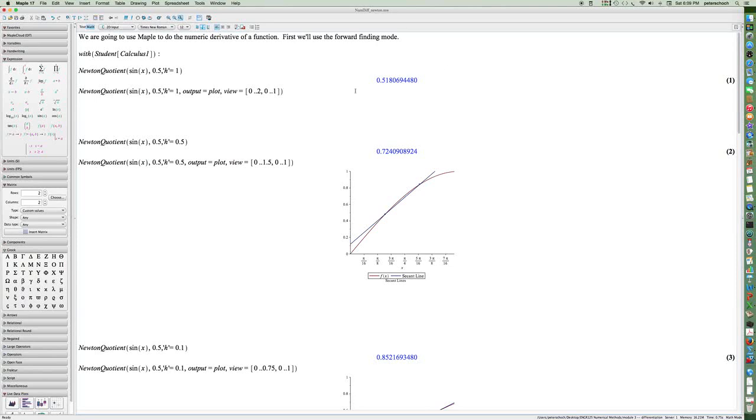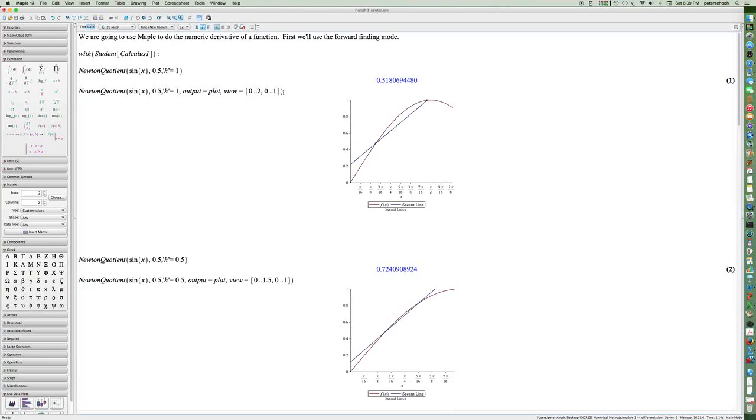Notice that it's 0.5, right? So that's quite bad. And of course, I don't know why it didn't actually give me that graph. There we go. This is the point that I'm trying to evaluate, right? And that's my forward point. So it's taking the slope between those 2 points. And you can tell that there is a tremendous amount of deviation between those 2 points.